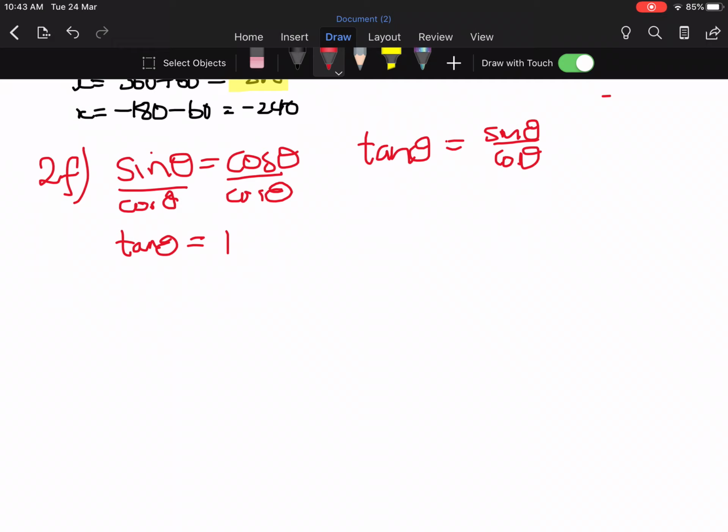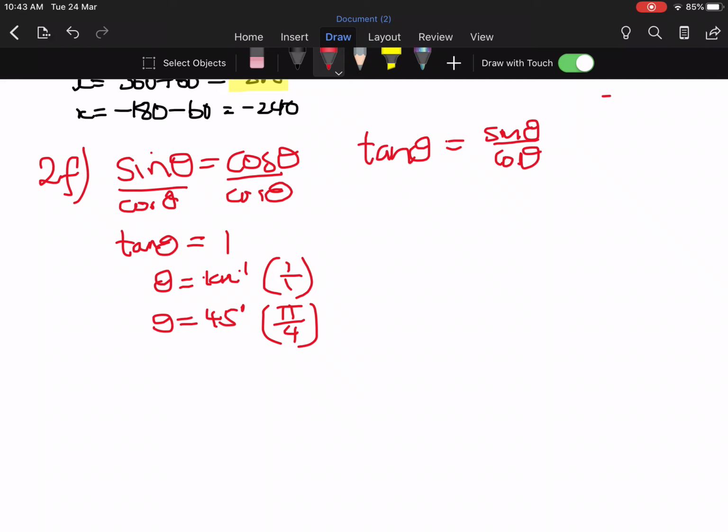So if I do inverse tan of 1 over 1, that gives me 45 degrees. But I need to put it in radians, so I should remember that pi by 4 is 45 degrees.